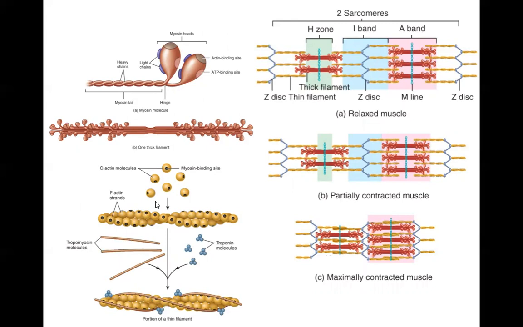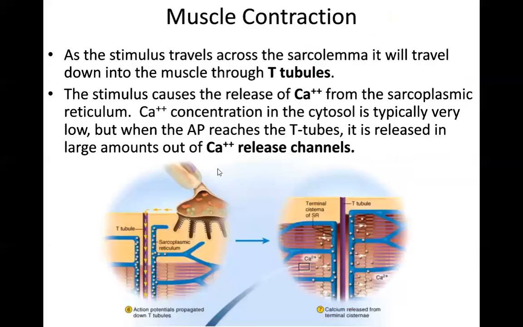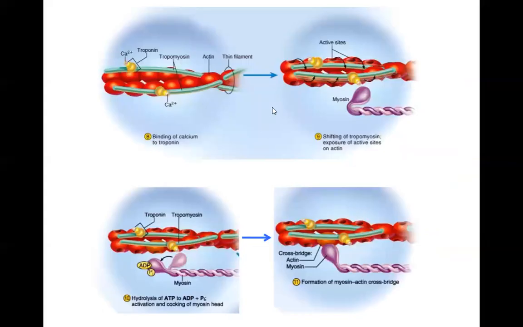But when calcium is released, as we mentioned earlier, calcium is very important, calcium binds to the other regulatory protein called troponin. I'll show you a picture of it. Right here, calcium is binding to troponin, and look what happens to the tropomyosin.